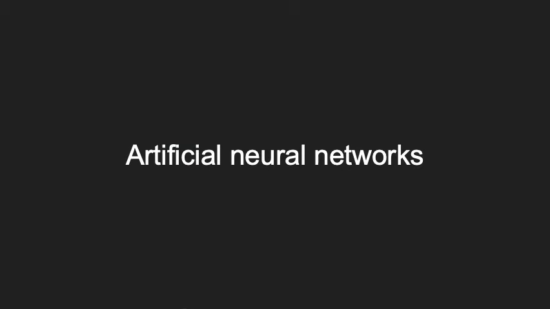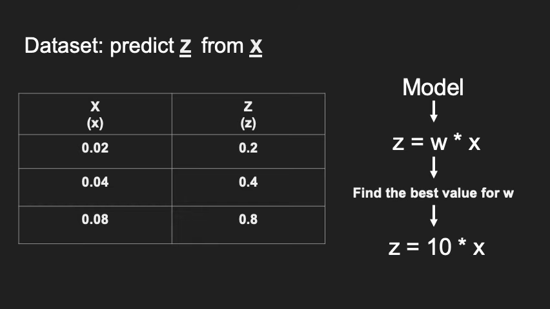So now we can move to artificial neural networks. The good news about artificial neural networks is that the basic math is not very complicated. You have probably all seen a model like this one. You have x here and you have another variable z here.